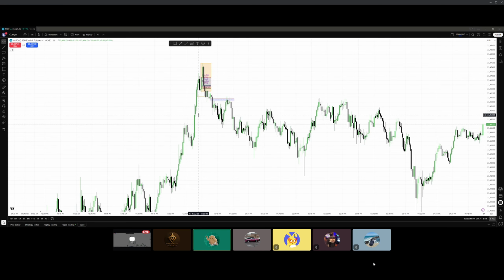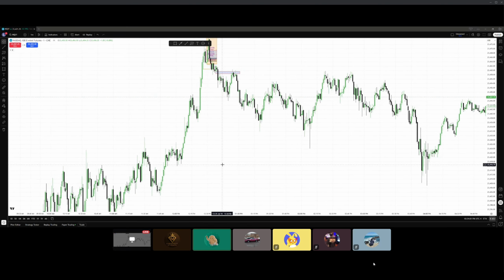Or you could take it here, since you entered up here. You could take a partial here, move your stop loss into profit, and then take another partial here, and then another partial here. And then if you start to see the market reverse, then you can just close out your position.